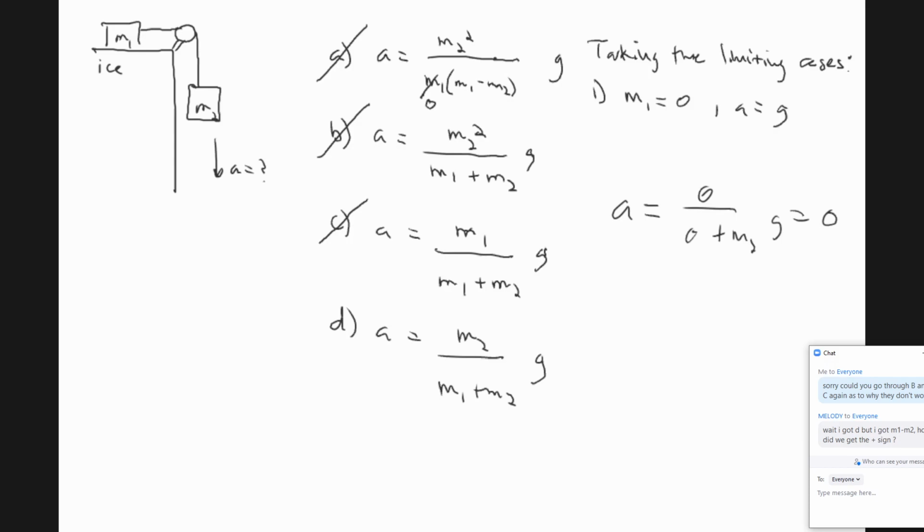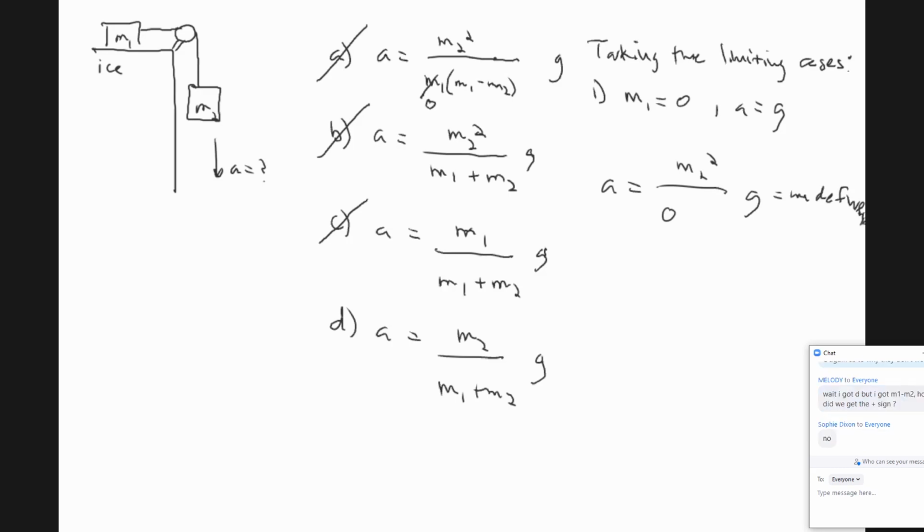Okay, I'm going over the shortcut. My shortcut is I plug in 0 and see if it comes out with an acceleration of gravity. For number 1, we have acceleration of m2 squared all over 0 times gravity. Acceleration is something divided by 0, so that's undefined. Is that g?